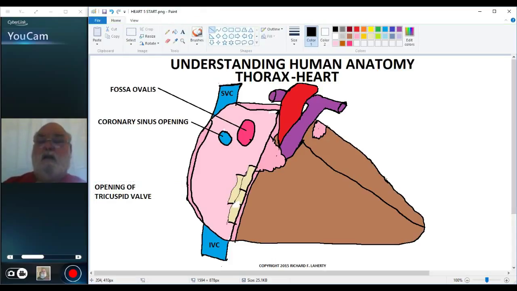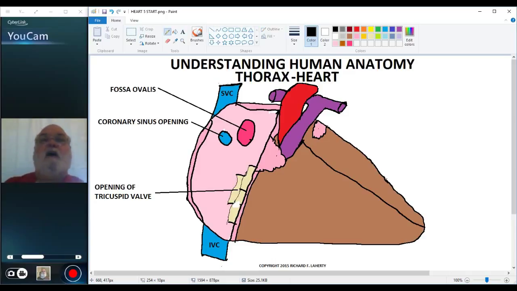And we'll draw a line to it. The tricuspid valve is the valve between the right atrium and right ventricle, the right atrioventricular valve.